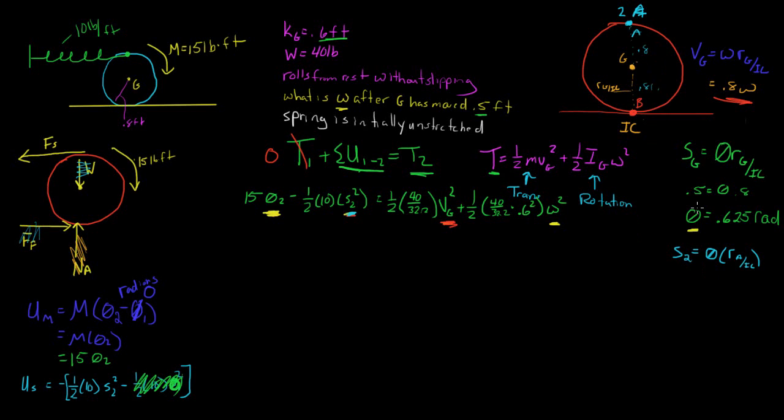So the distance that this moves right here, that I stretch, is going to be equal to theta, I rotate 0.625 radians, times this 1.6 feet. And I get that this distance that A moves and my spring stretches is going to be equal to 1 foot.